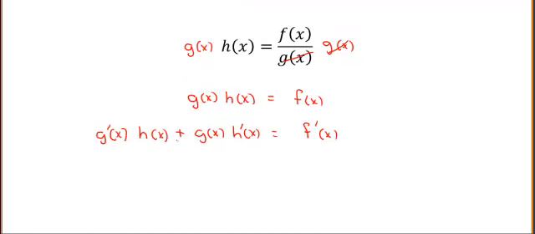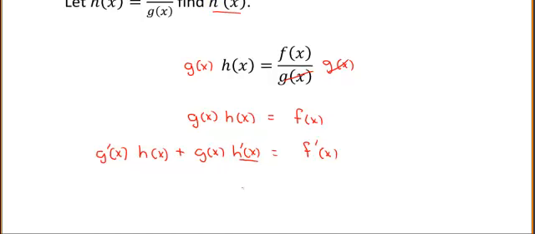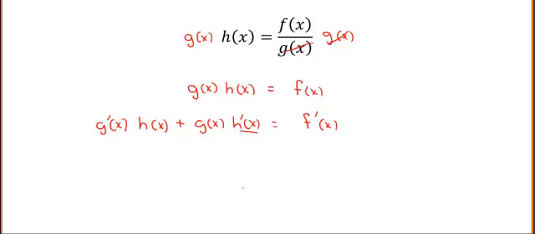So notice what I get. Remember, we're trying to find out what h prime of x is, so I'm trying to solve for h prime of x. So let's start by subtracting g prime of x times h of x from both sides. And if I do that, I'll have g of x times h prime of x is equal to f prime of x minus g prime of x times h of x.